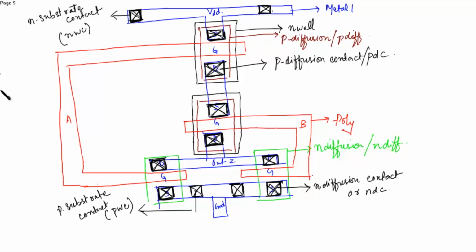So from here you obtain the output, that is Z. So this is the layout from the normal schematic.